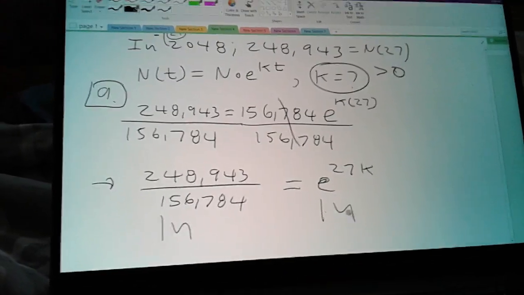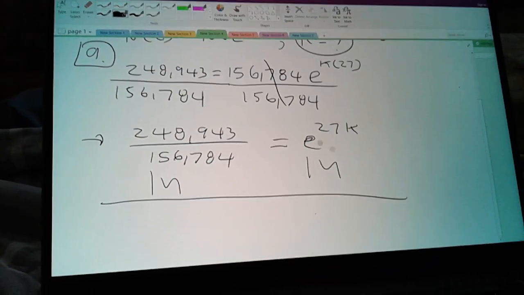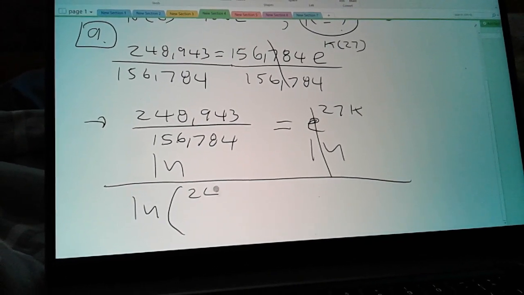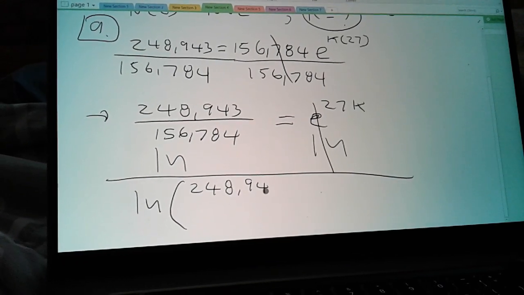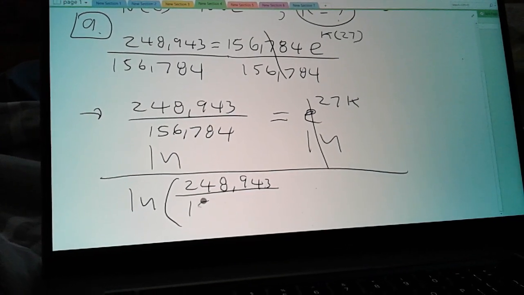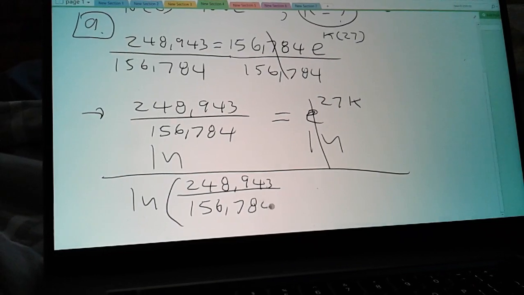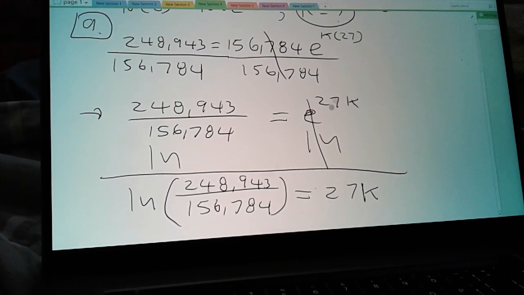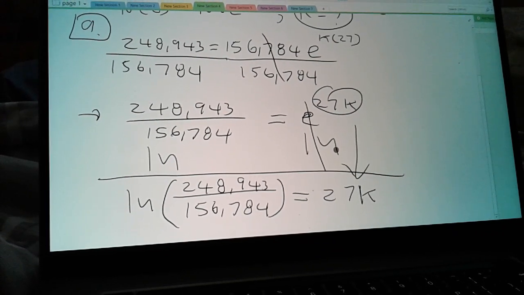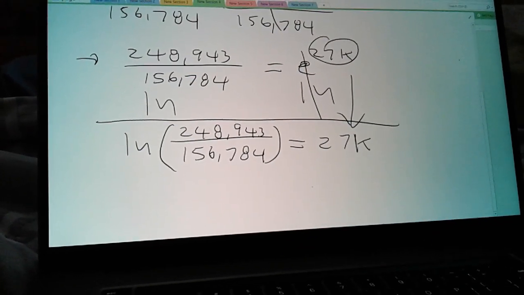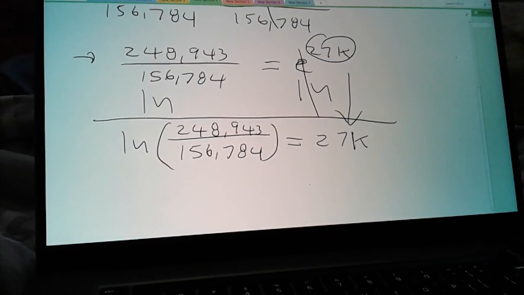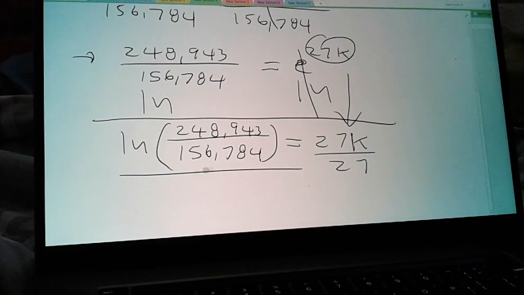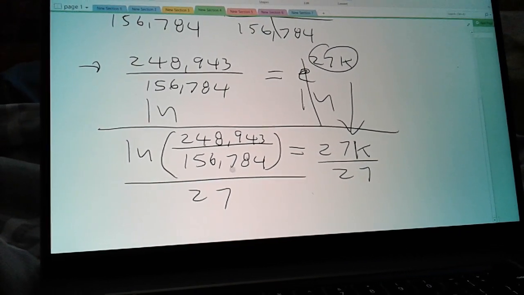So again, ln and e, they erase each other, or they cancel each other out. So I get 27k on the right side, just the power. So if I divide both sides by 27, I would have my decay constant. Of course, this is a really messy number, so I'm going to round it because it's messy.